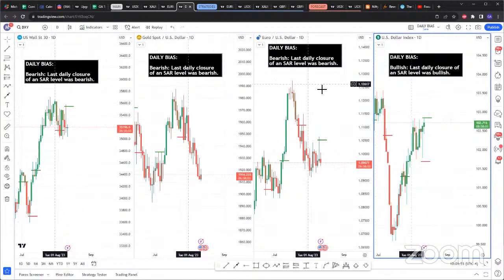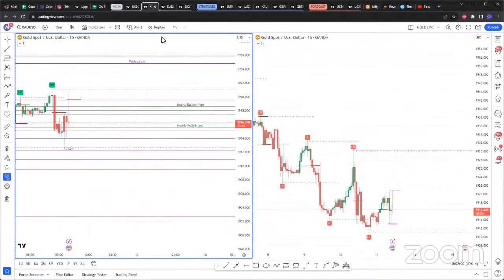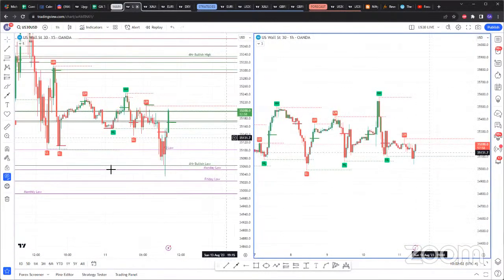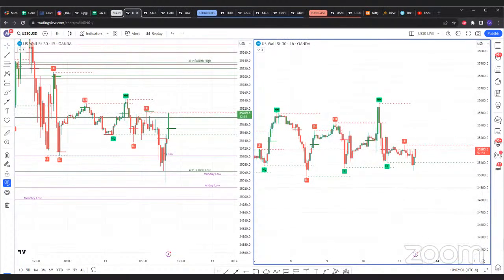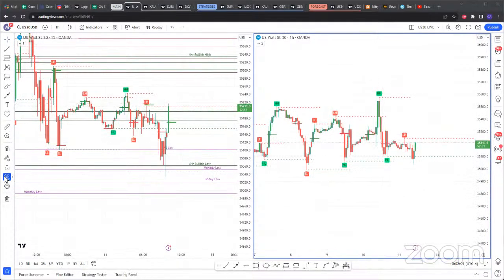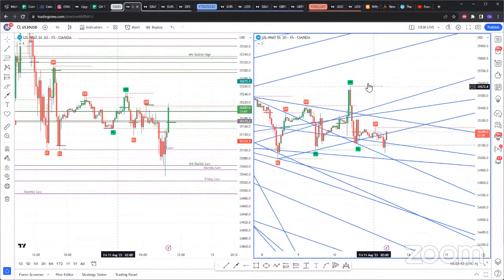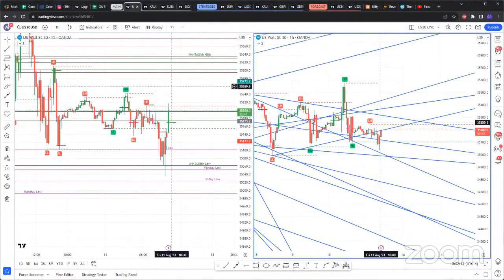But for me, for daily bias, I'll still continue doing the trend lines. Like today when I took the sell on US30, right here, if I turn on my trend lines, and I only draw trend lines on the hourly, you can see when I sold US30 was here.